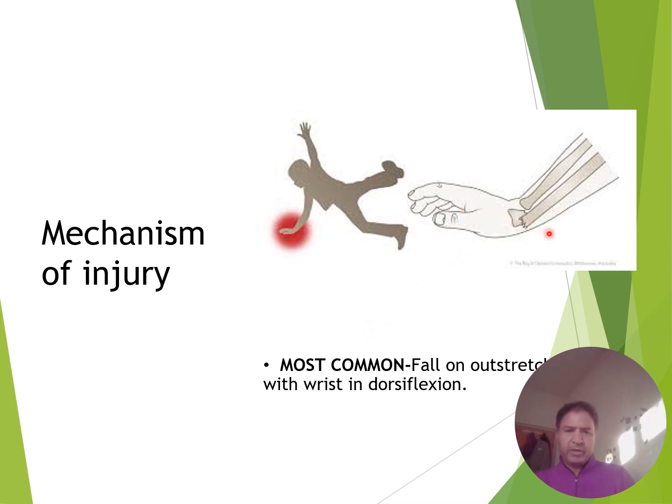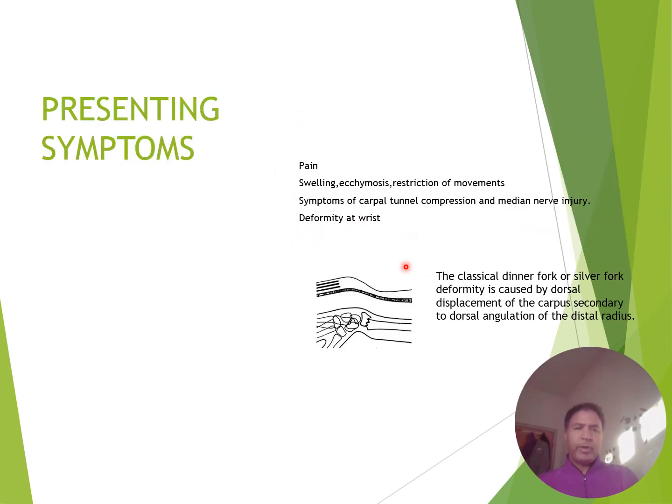Wrist in dorsiflexion, we fall on the outstretched hand. Presenting symptoms are pain, swelling, ecchymosis, restriction of movement, symptoms of carpal tunnel compression and median nerve injury, and deformity at the wrist.